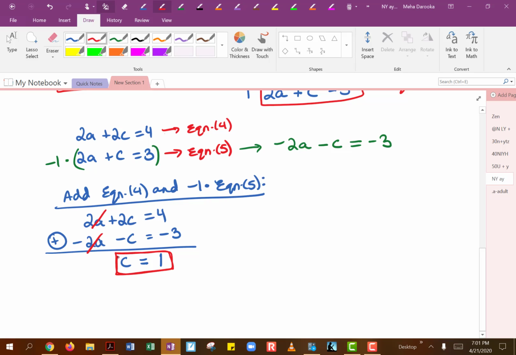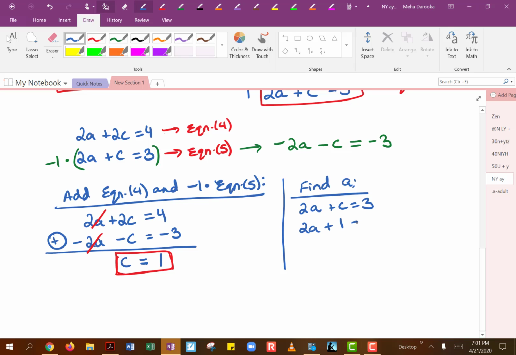And now that we have the value for c, we can go back and find the value for a. And to find a, you can use any one of these two equations, either equation 4 or equation 5. I'm just going to use my equation 5: 2a plus c equals 3.